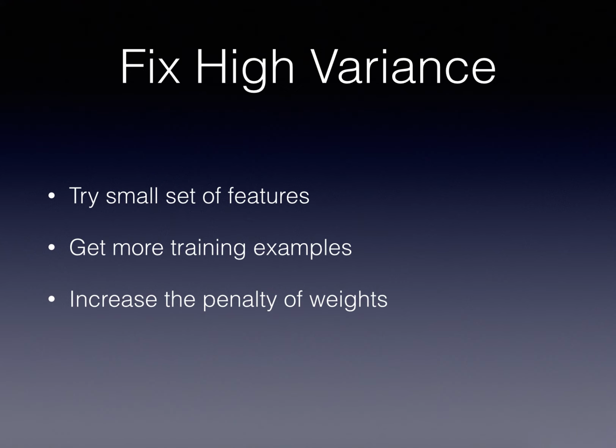And the third method to fix the high variance is to increase the penalty of weights. Here I mean when doing regularization of the weights, we introduce a penalty on these weights, and by increasing the penalty we can fix the high variance.